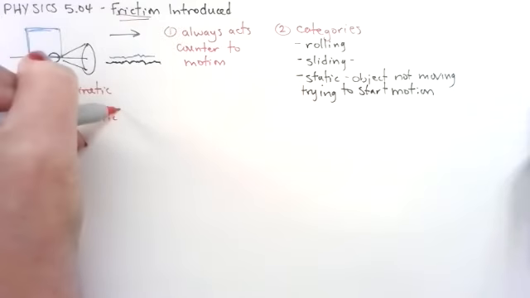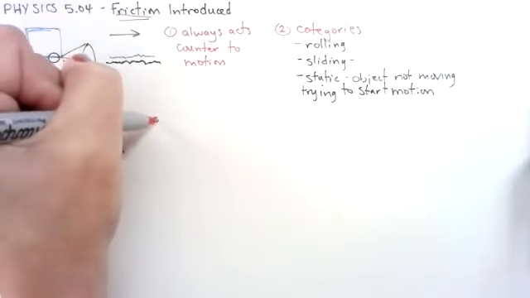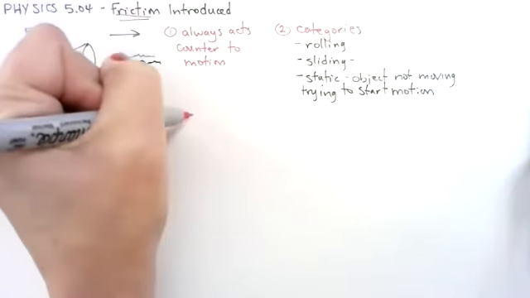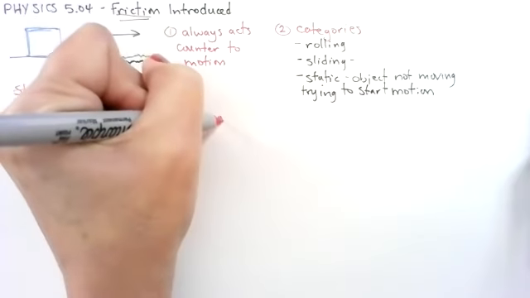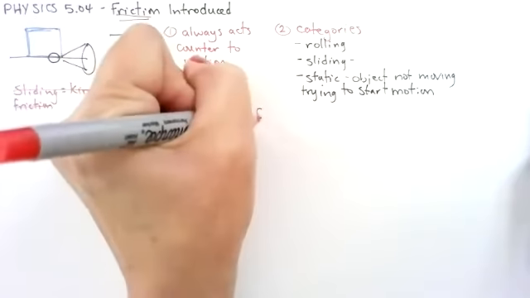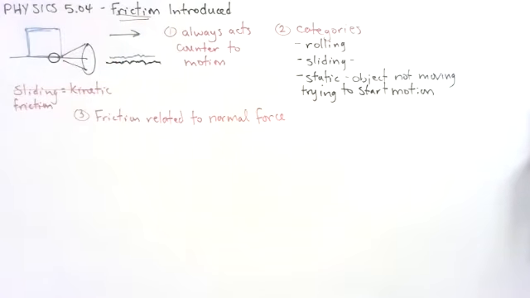Friction is related to the normal force. Remember that the normal force is the force exerted on an object by a surface. In this case, the normal force is being exerted on the box by the floor at a 90-degree angle. It kind of makes sense, doesn't it?